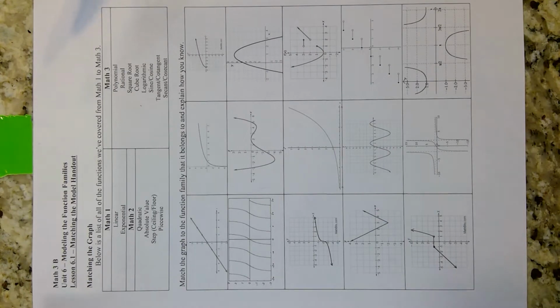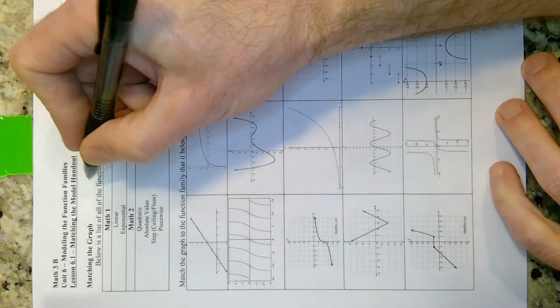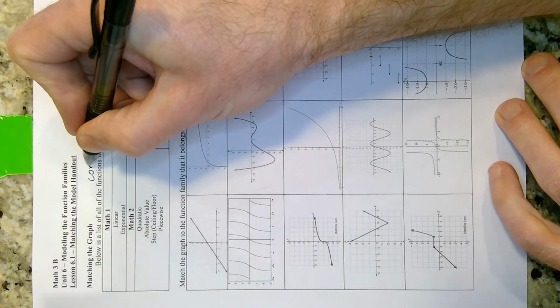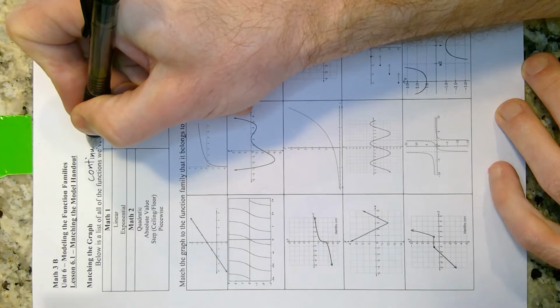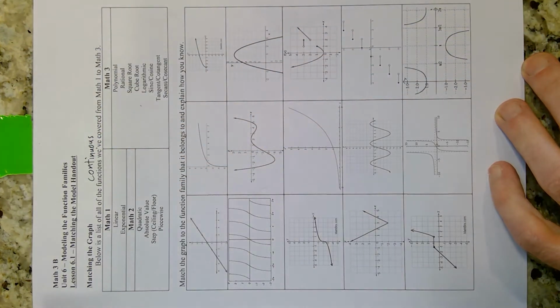The other thing I like to look for would be if the graph is continuous, or is the graph discontinuous. So I'm going to go ahead and start with that, continuous. For a graph to be continuous, it means connected. All the points connect. There are no breaks in the graph.